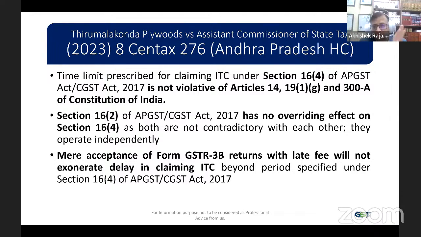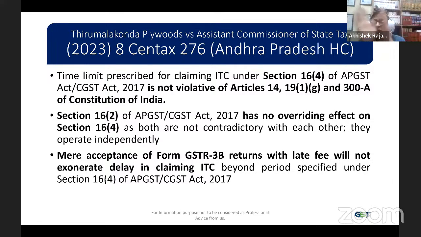I do not agree with this judgment. I have reservations in principle. What do we understand about late fees? Why do we pay late fees? The basic understanding about payment of late fees is that after payment, the defect is regularized.